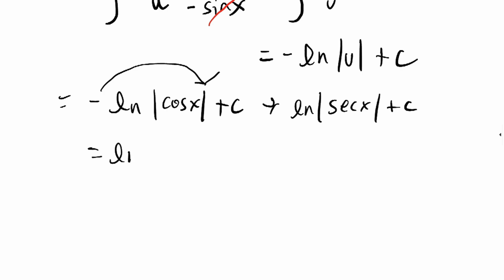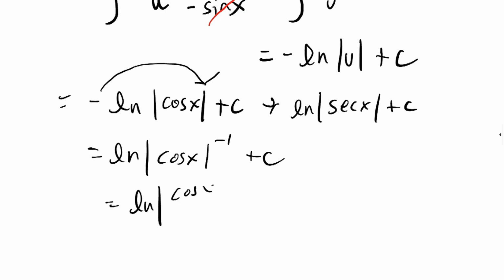This is really the same thing as ln of cosine x to the negative 1 plus c, okay? We can apply that logarithmic rule, and of course this is really just ln of 1 over cosine x plus c, and of course this is just secant x.